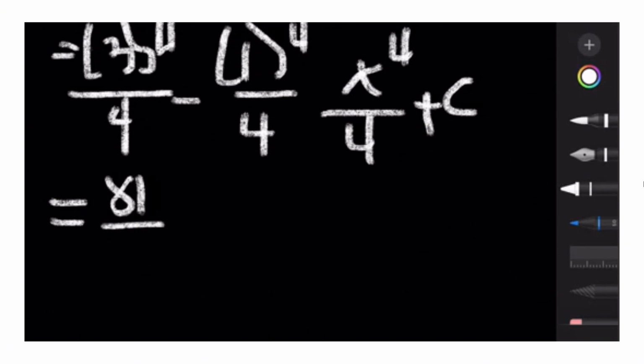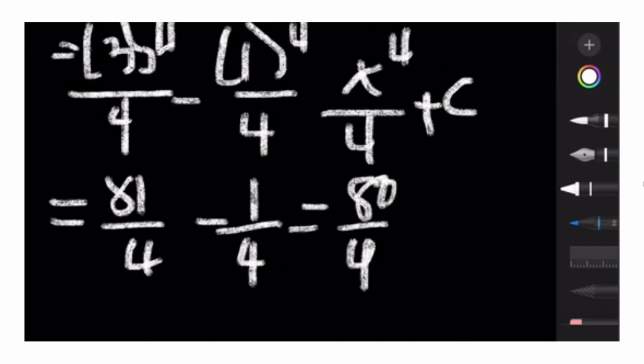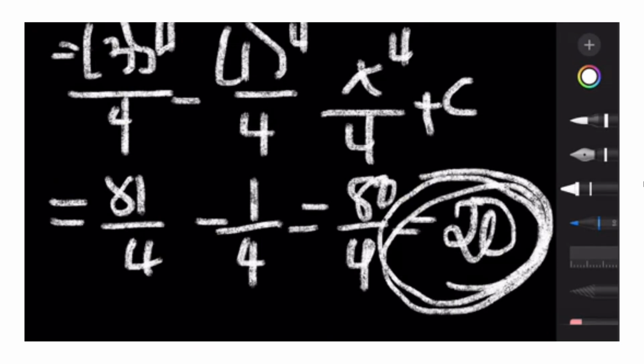Then we have 81 over 4 minus 1 over 4, 80 over 4, and 20. So this is our final answer.